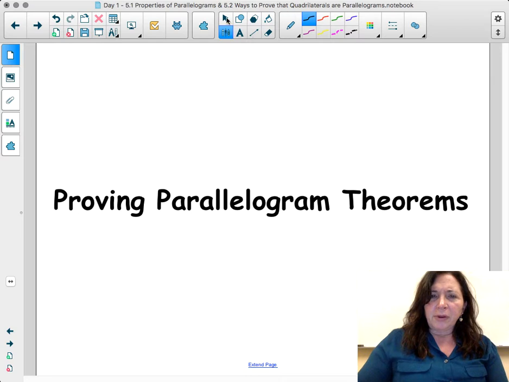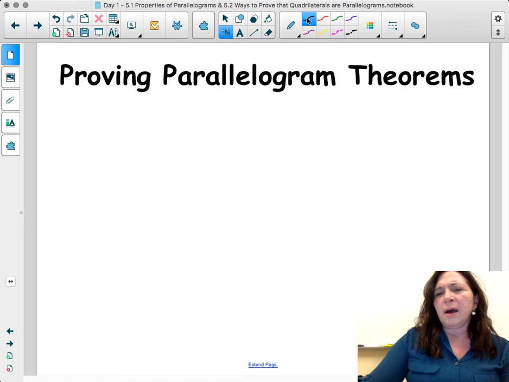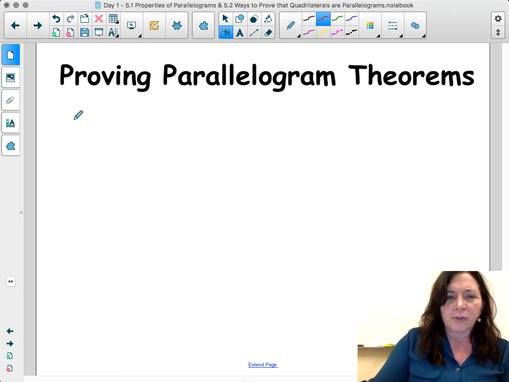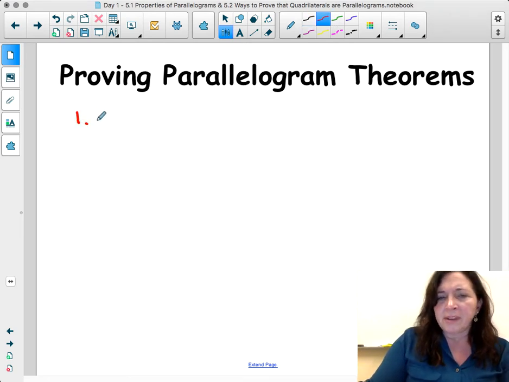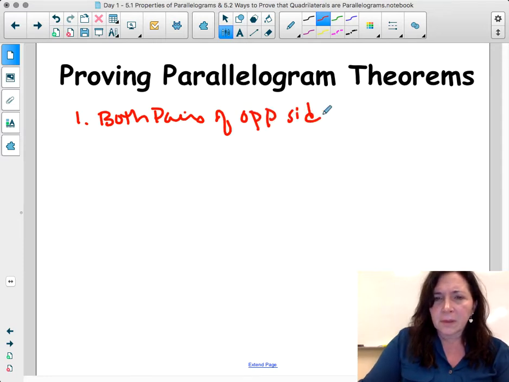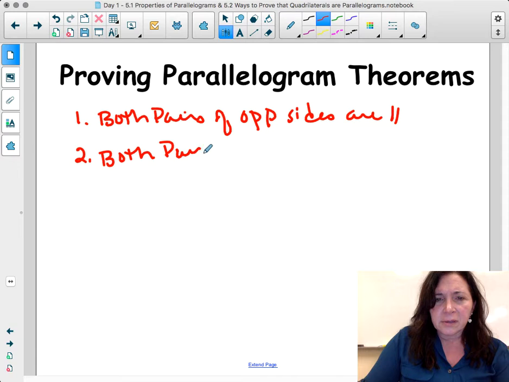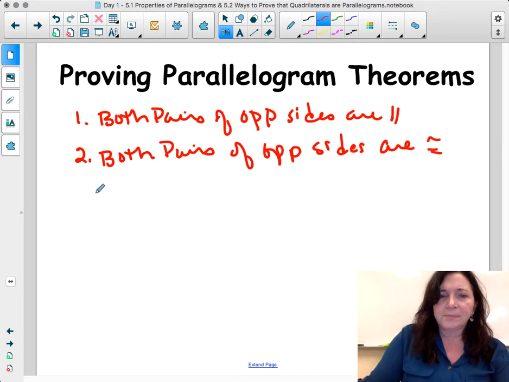So proving parallelogram theorems, before we start doing that, I do want to review what we've gone over so far. Number one, we've gone over the definition of a parallelogram, which says both pairs of opposite sides are parallel. We've gone over also that both pairs of opposite sides of the quadrilateral are congruent.